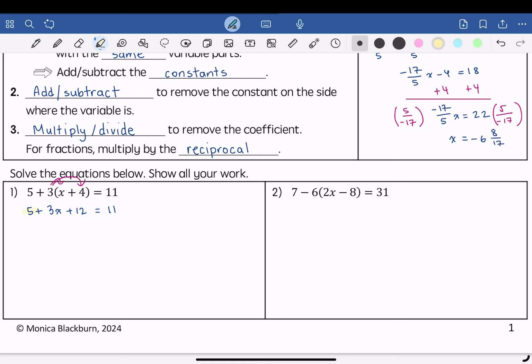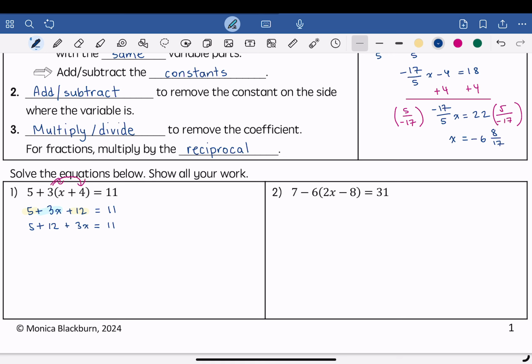So the 5 and the 12, positive 12, and I have positive 3x, which is the term with the variable. So I'm going to group them. So 5 plus 12 plus 3x is equal to 11.